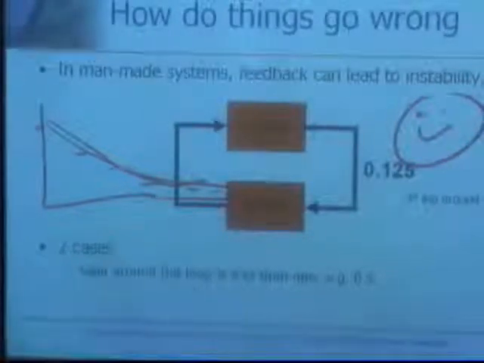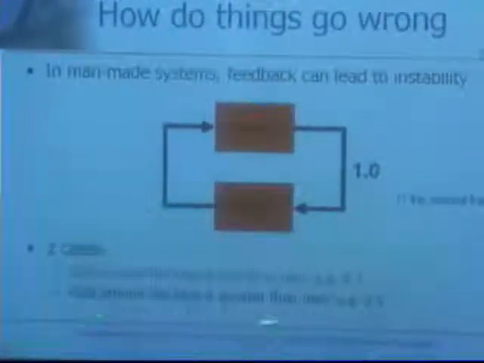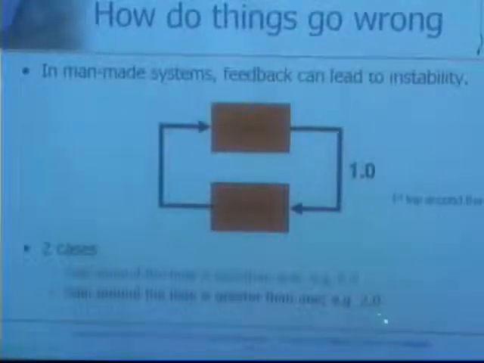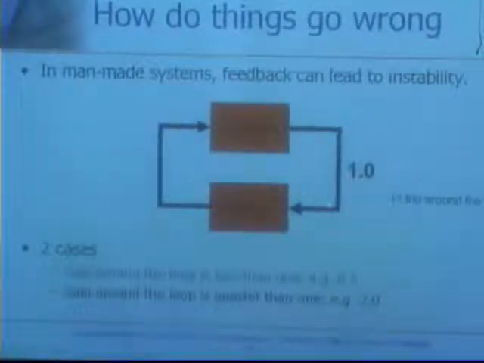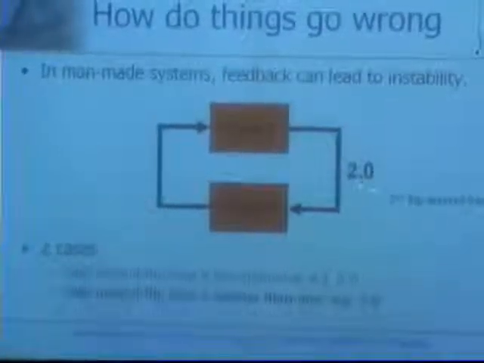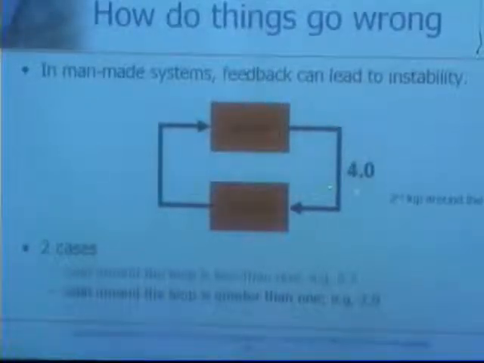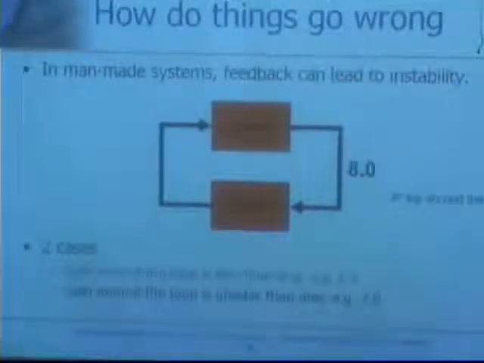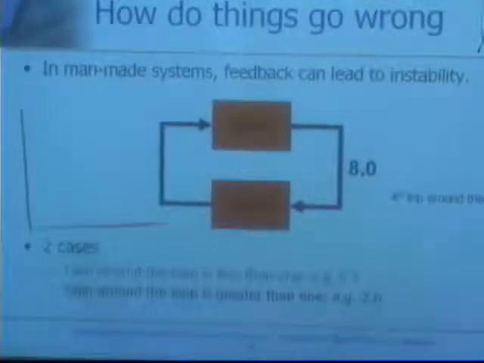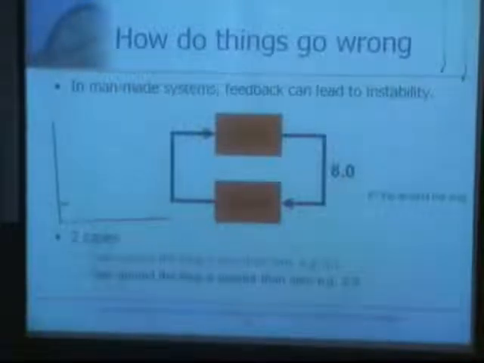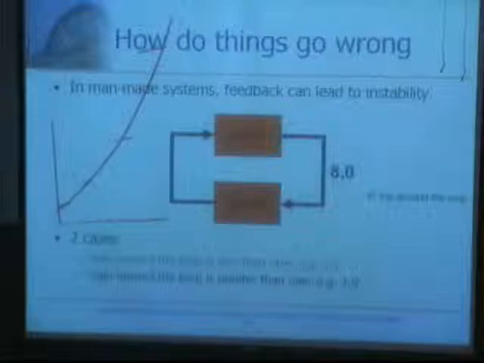The other case I can look at is if the gain around the loop is greater than 1. Let's say it's 2. The gain around the loop is 2. I start off here at 1. The next time around the loop, I've got 2. Next time around, I've got 4, then 8. You can see now I've got this geometric progression that starts off at 1, 2, 4, 8, and I've got this divergence.